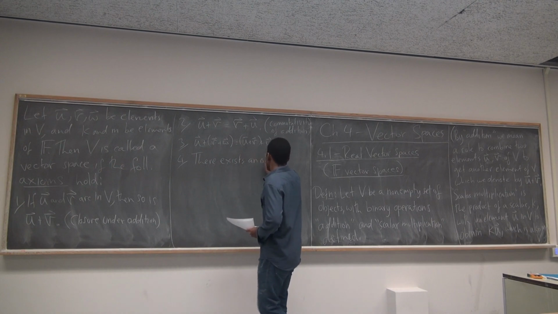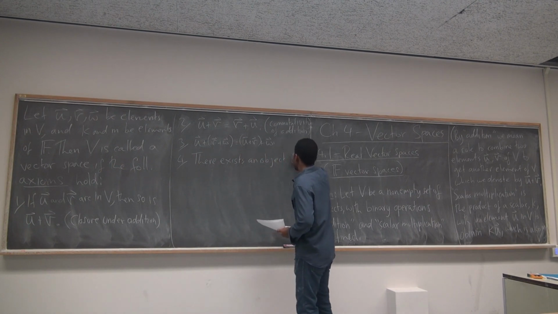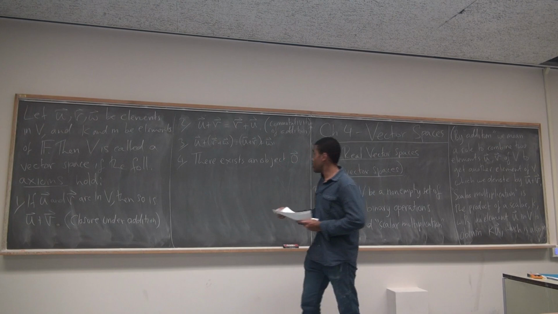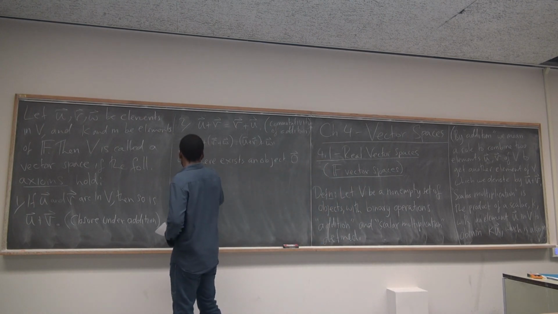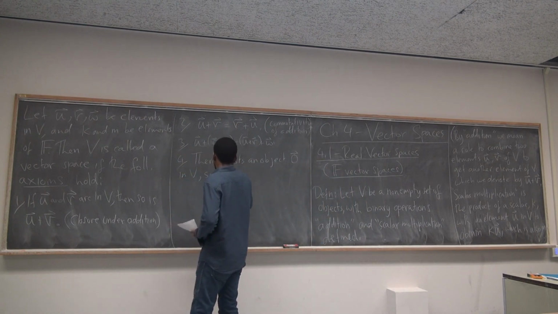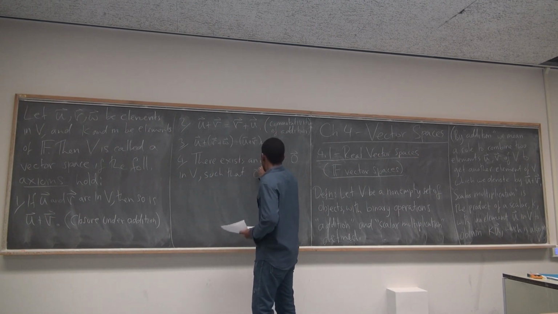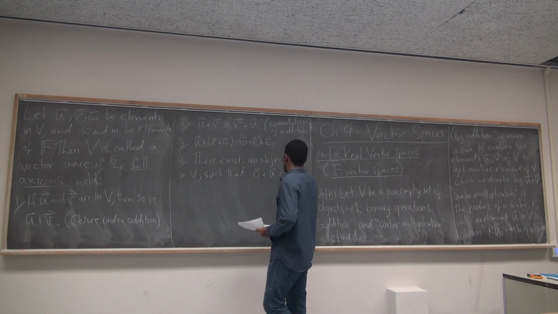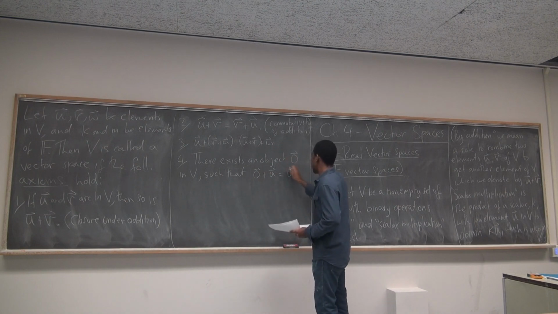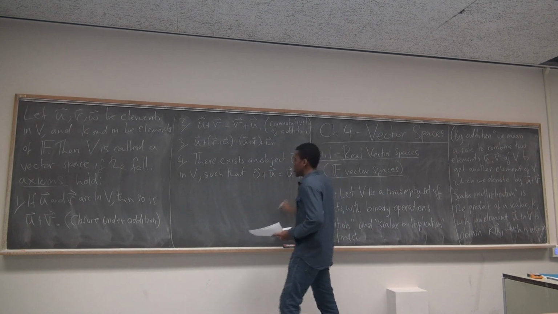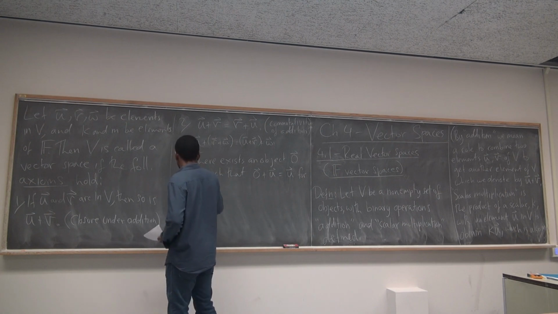Four, there exists an object, which we will call 0, in V, such that 0 plus U is equal to U for every U in V.